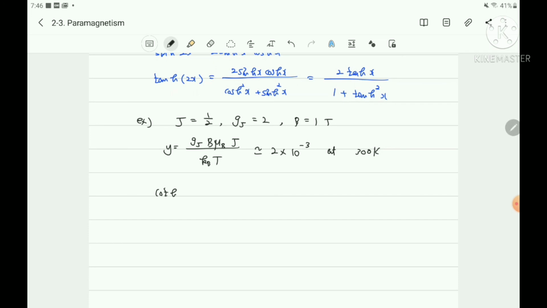Therefore, coth y is 1 over y plus 1/3 y minus 1/45 y cubed, like this.